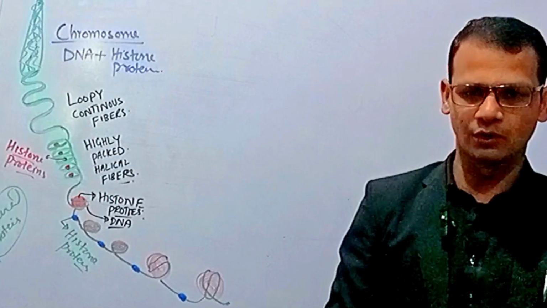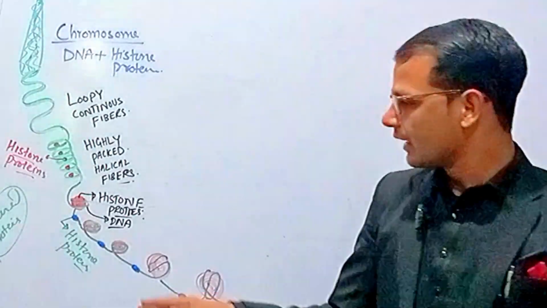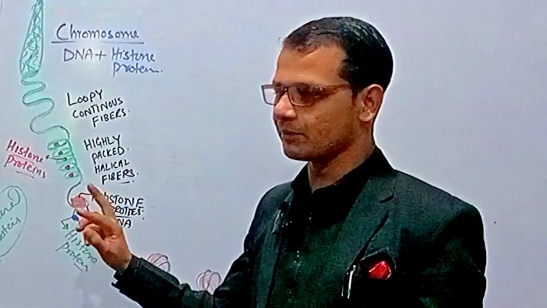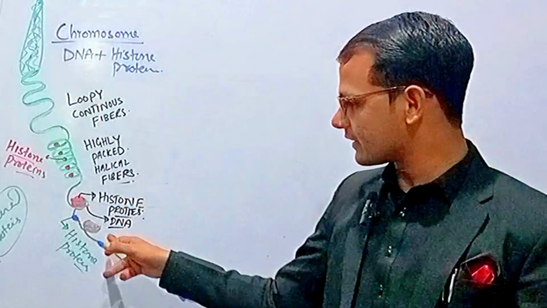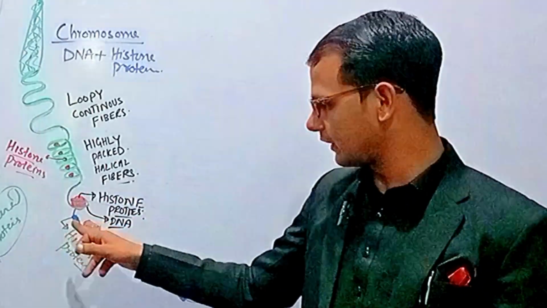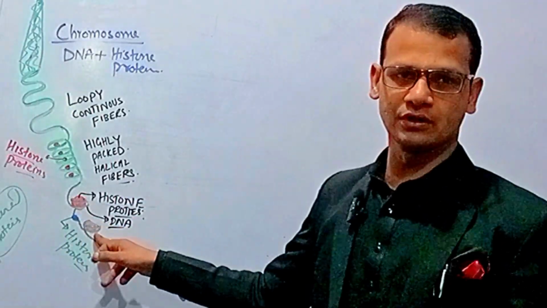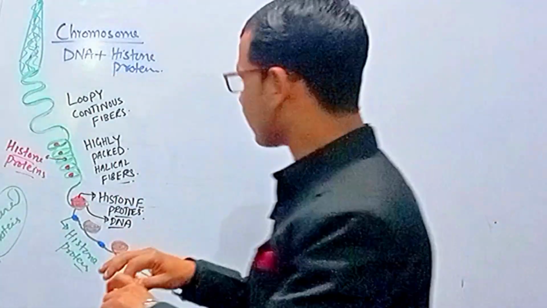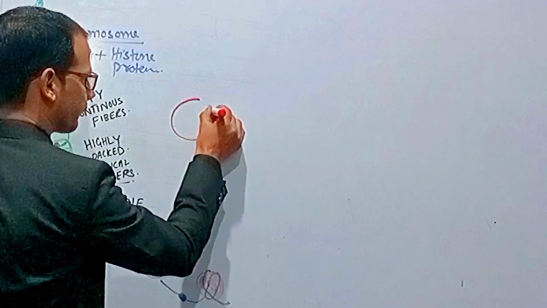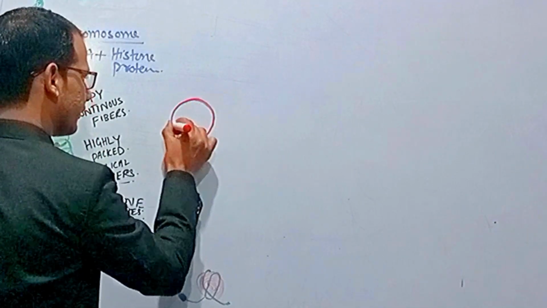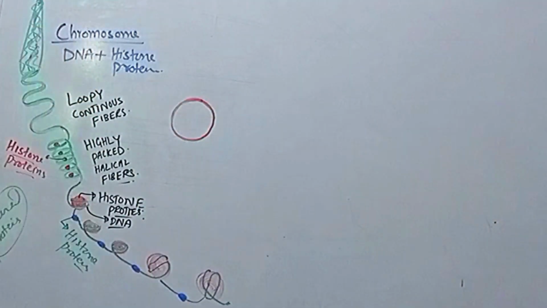Both are histone proteins. We will take one histone protein from here and zoom in to see what the difference is between this blue histone protein and this red histone protein. So for example, we take this red histone protein here.